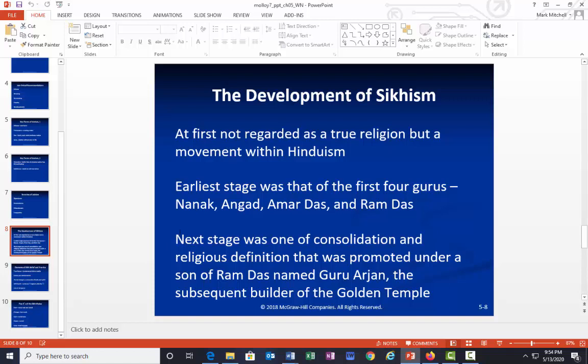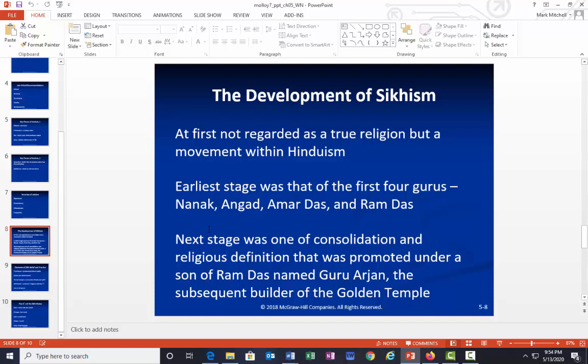It's not as quick as maybe our slides present. Now, remember, there's a line of 10 gurus all total, and the Adi Granth, the book of scriptures used by the Sikhs, is considered the 10th and current and last of the gurus. The others are actually people who lived and died.